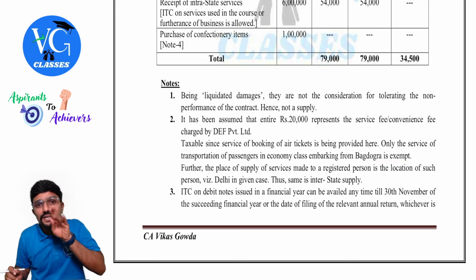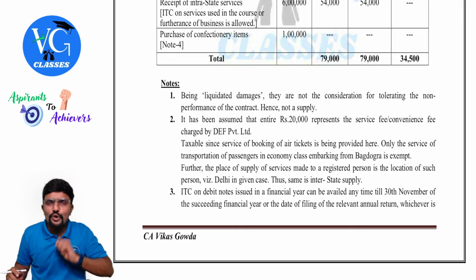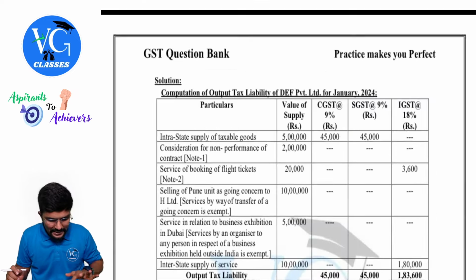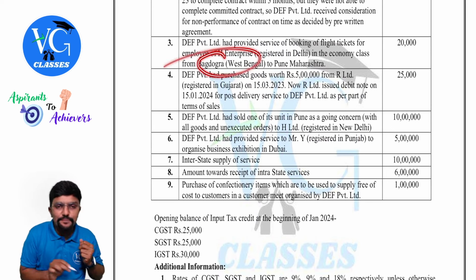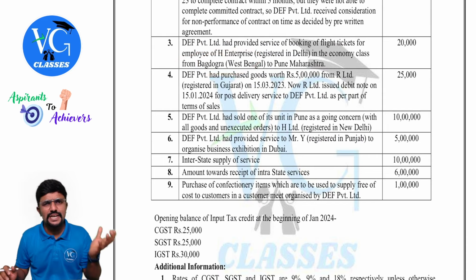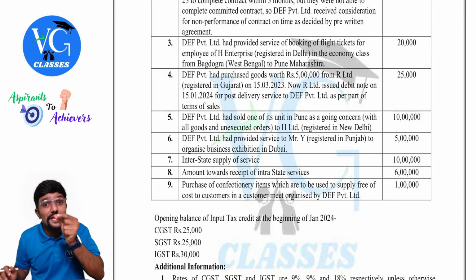Means when you are booking the ticket to Bagdogra, your destination point is Bagdogra, right? Just a minute. No. The starting point is Bagdogra. Okay, sir. Either starting point or ending point is fine. Starting point is Bagdogra, in that case part of West Bengal. In that case, on airfare, GST is exempt.